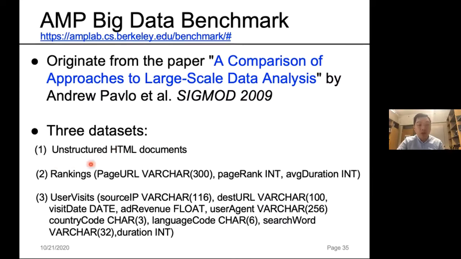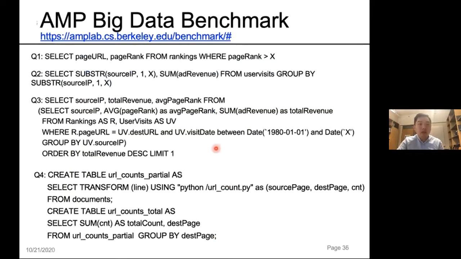The first one is unstructured HTML documents. The second one is ranking tables with the PageRank value. And the third one is the web log of user visits over the websites. This benchmark defines 4 queries. The first query is a simple selection query over the rankings table with a PageRank value filter.